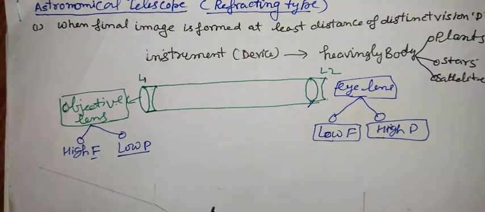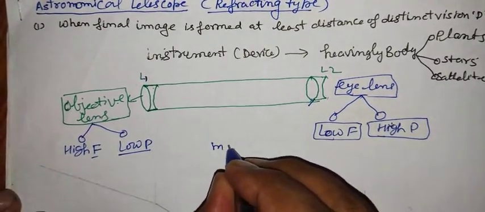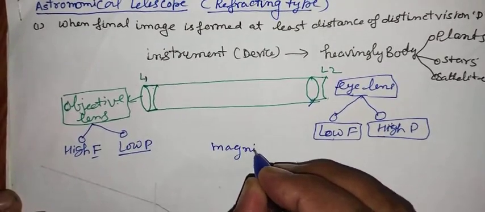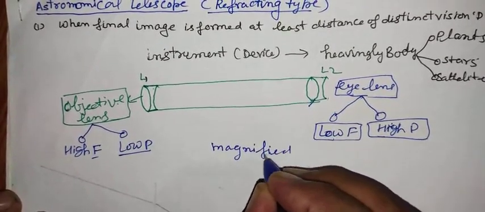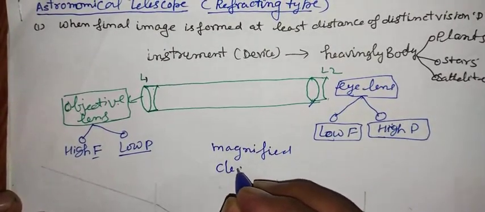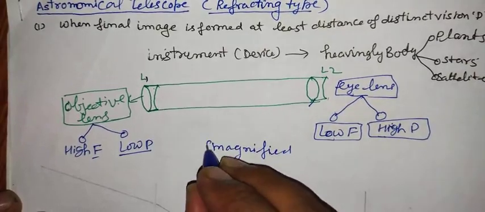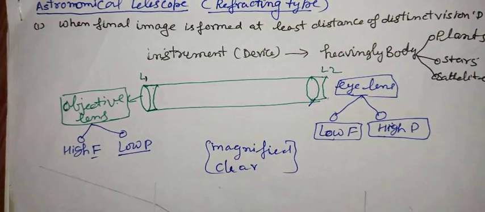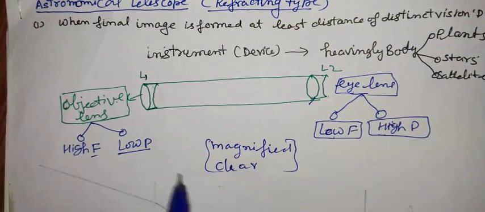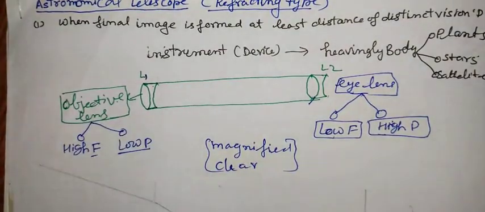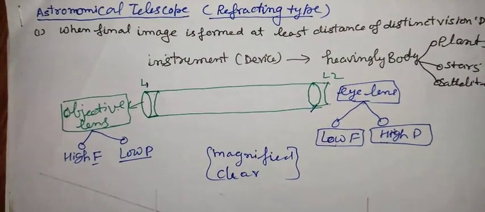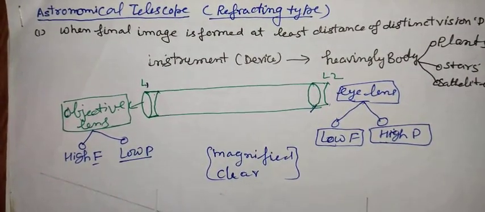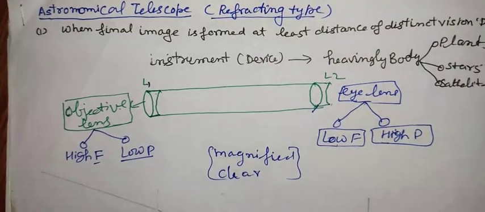To see a magnified, clear image of a much farther object, we use this telescope. How does it work? See very carefully with the diagram.